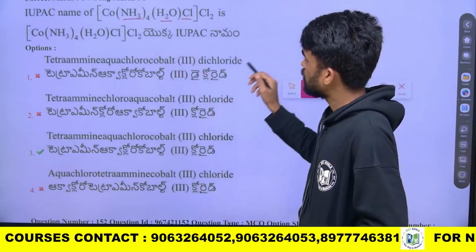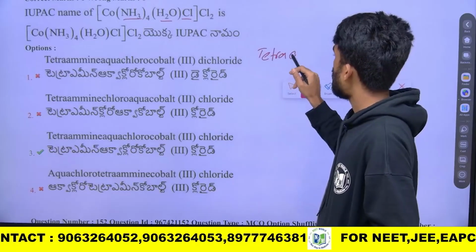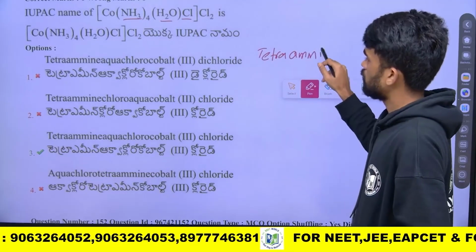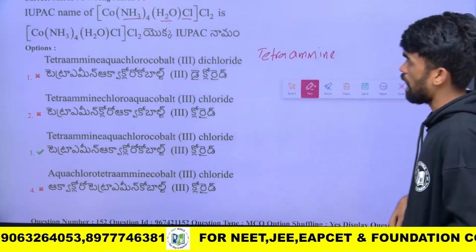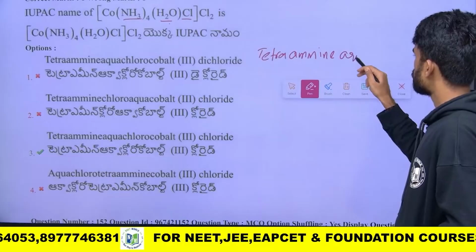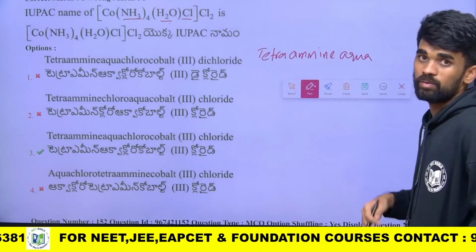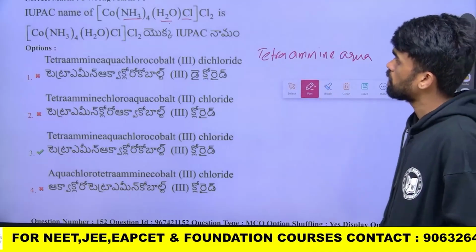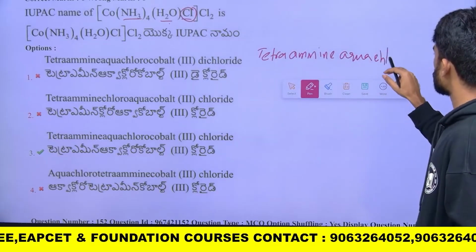So write tetraammine, then next aqua comes, so aqua, no space in between the words. Next chloro.